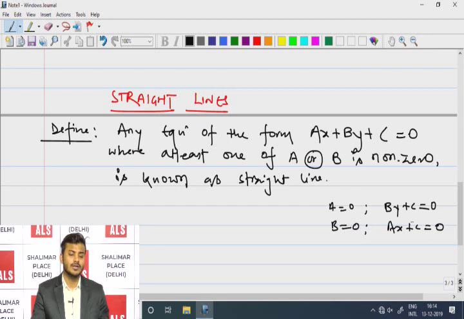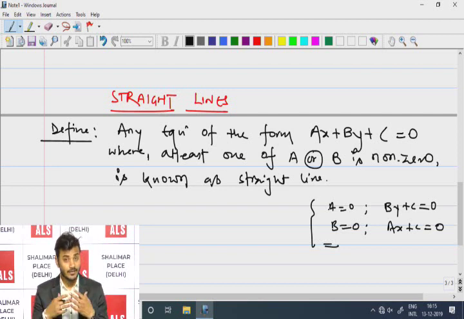So these are some very special lines. One is always parallel to the x-axis, and the other is always parallel to the y-axis. We'll talk about this separately, but for now, we have this condition where at least one of a or b is non-zero, so you have to understand this.